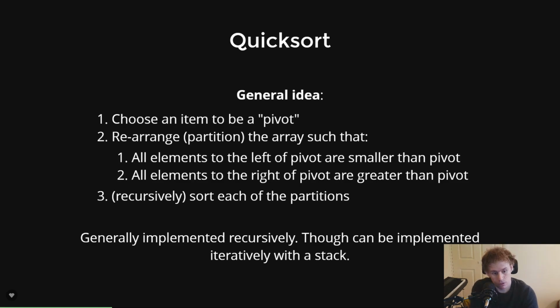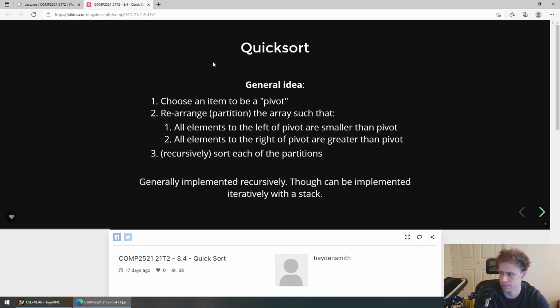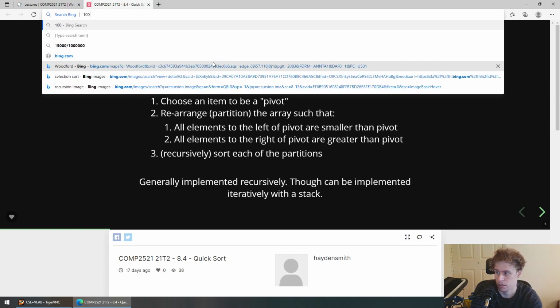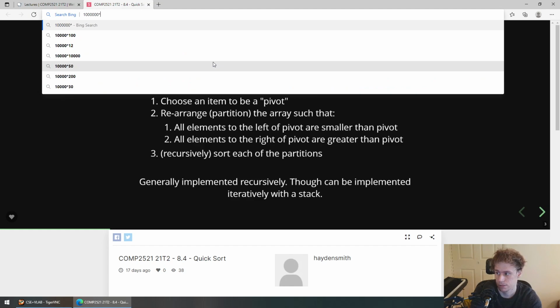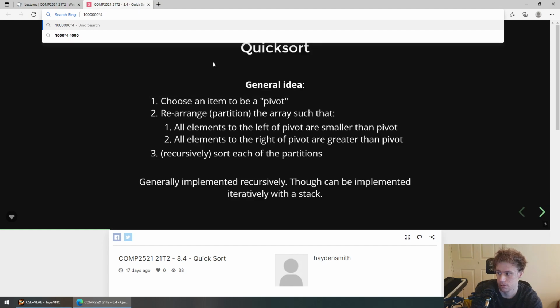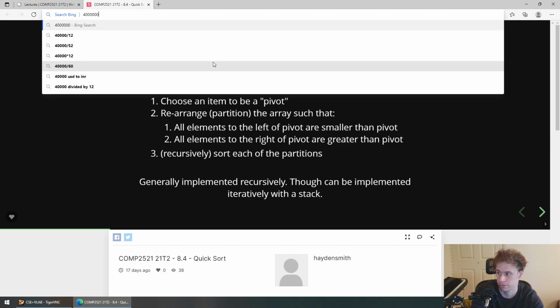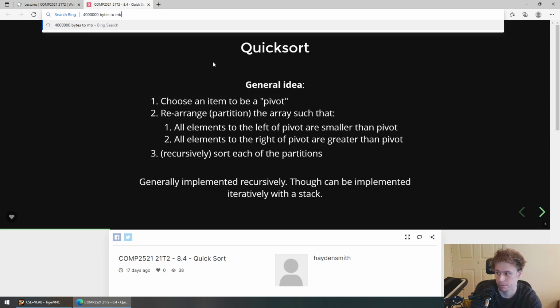Now you might think, oh, okay, well that's not that bad. It was just an array, right? Well, the problem is, let's say you're sorting 1,000,000 elements. 1,000,000 elements times 4 bytes is 4,000,000 bytes, or 4 megabytes.